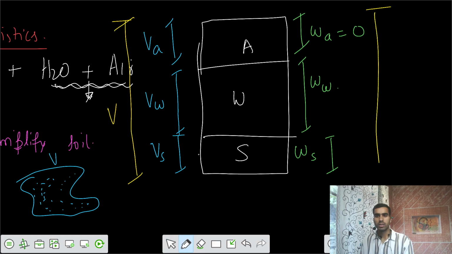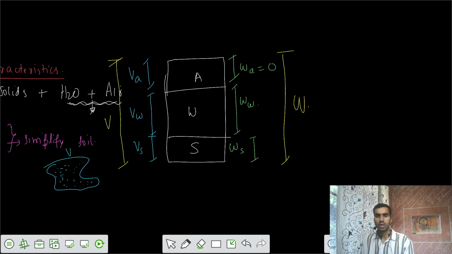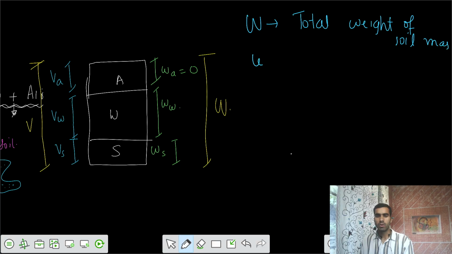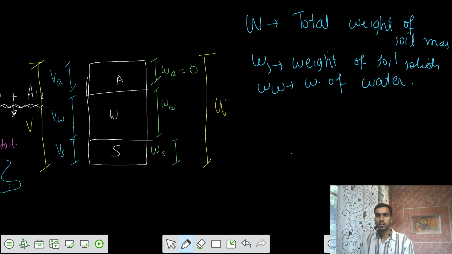From this side, this is the total weight of the soil mass. Let's denote those. W is the total weight of the soil mass, Ws is the weight of soil solids, and Ww is the weight of water in the soil mass.